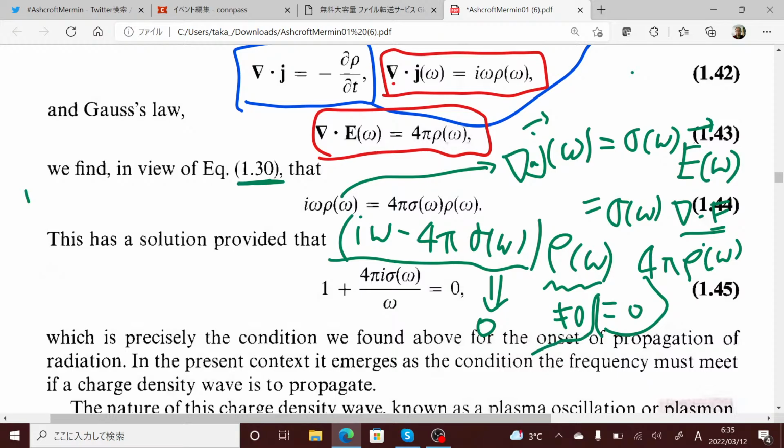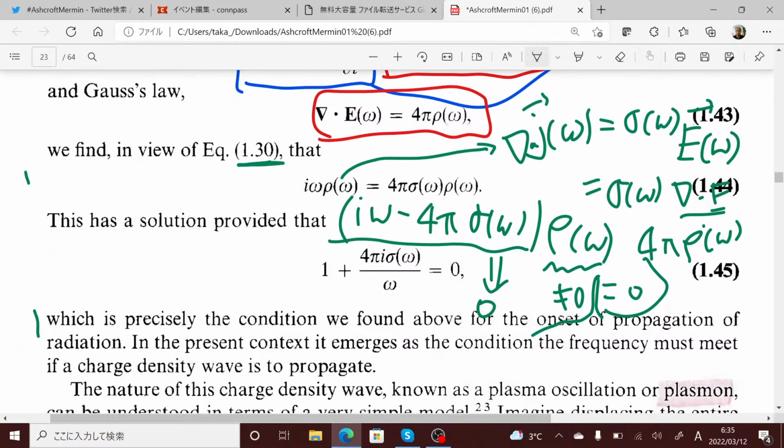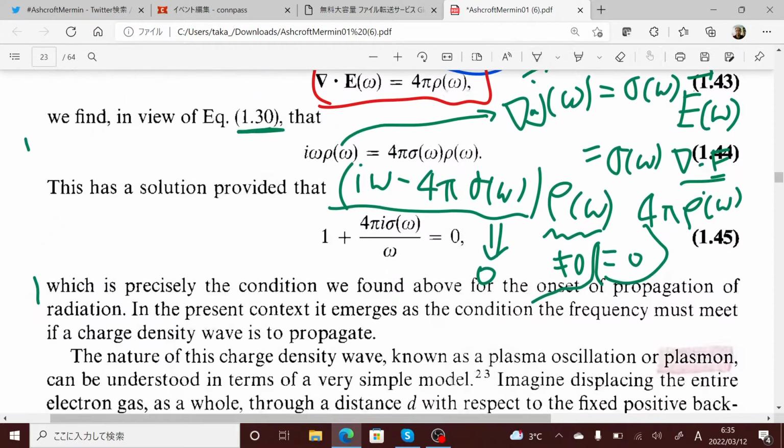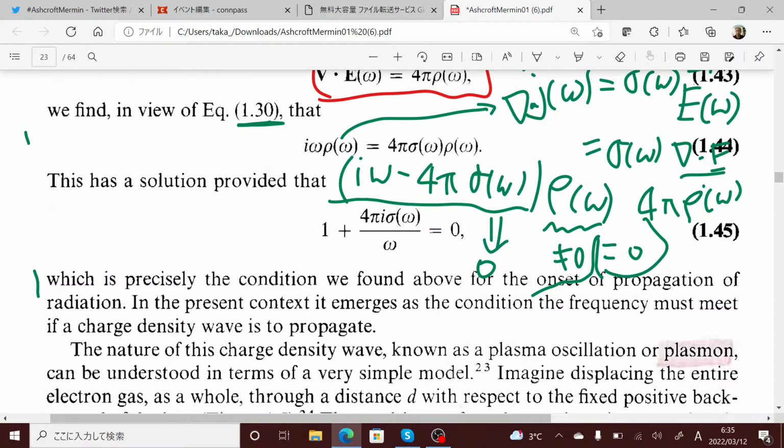So this has a solution provided that 1 plus 4 pi i sigma divided by omega equals 0, which is precisely the condition we found above for the onset of propagation of radiation.